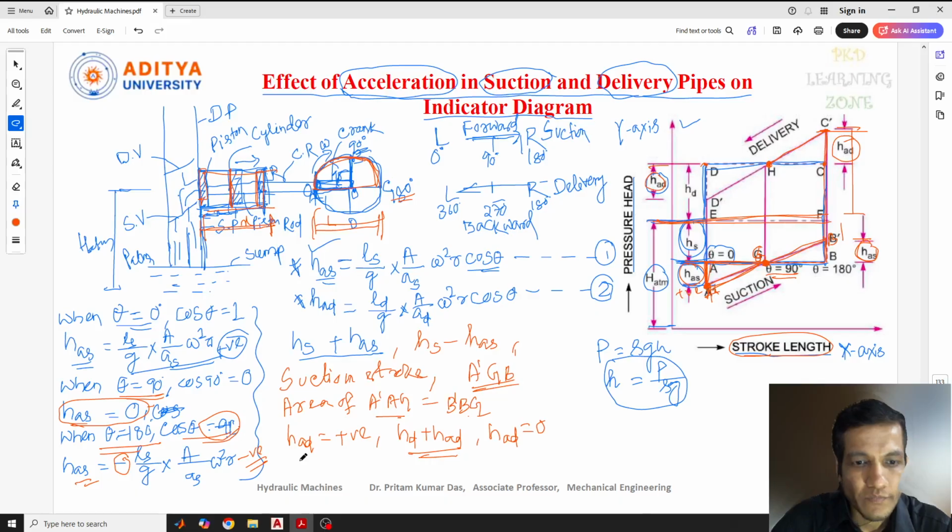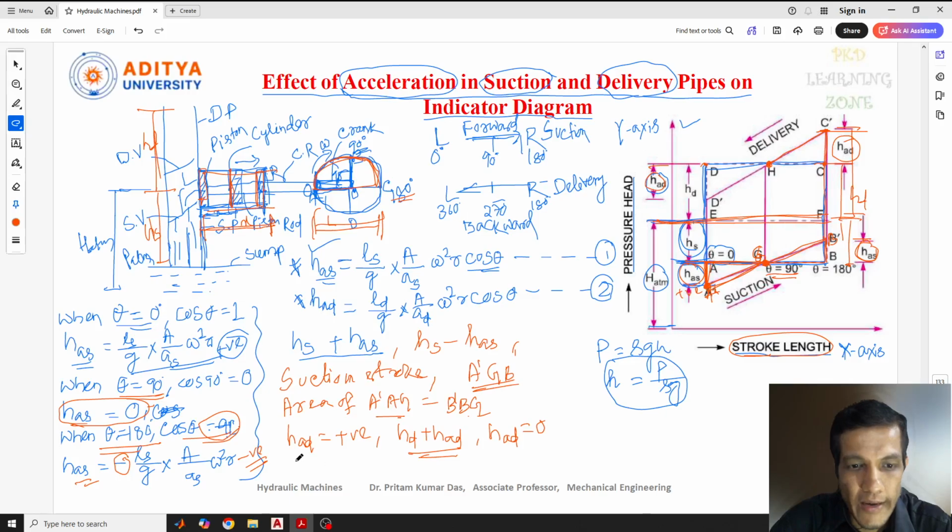And next, the last one: the pressure head in the cylinder will be equal to HD. This is nothing but how much distance there is from here, that is HD. And this is HS. I hope you understand these, because I have not mentioned them here. Let me mention it here. This is HS and this is our delivery head, HD.